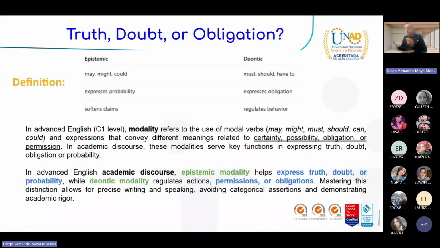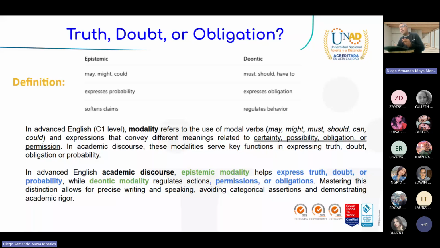And related to that concept, we have in the academic discourse, the epistemic. It sounds like, wow, it's very fancy and difficult, but no, it's not. So basically, the epistemic modality helps you to express the truth, the doubt, or the probability, specifically the probability of the sentence.